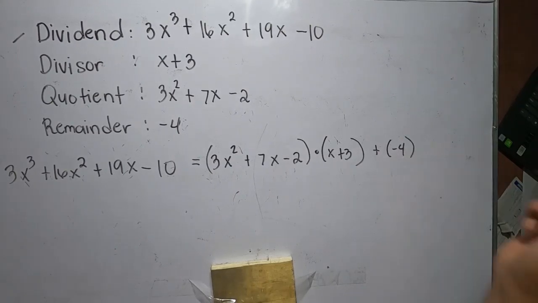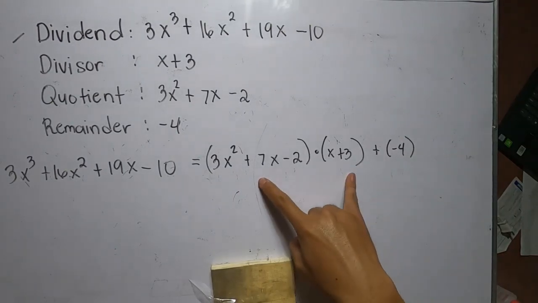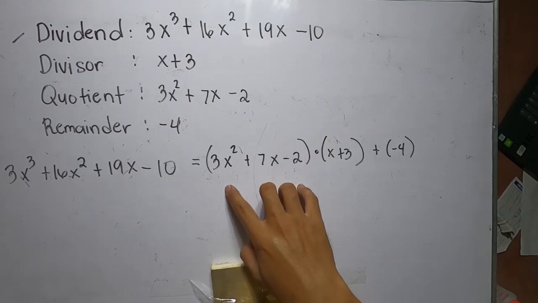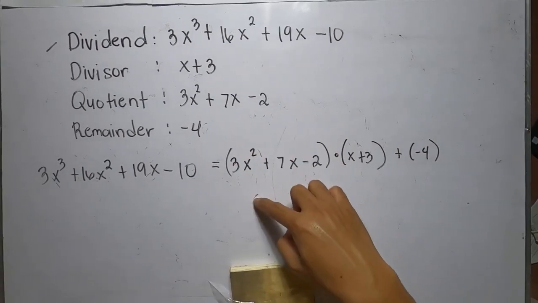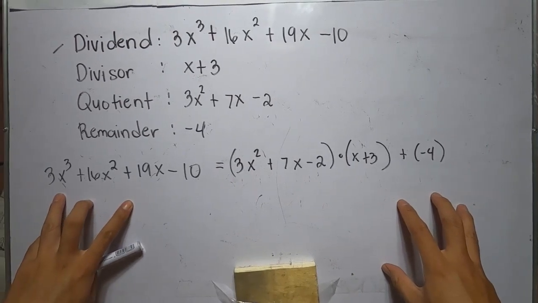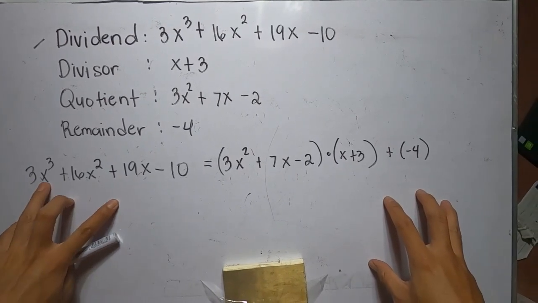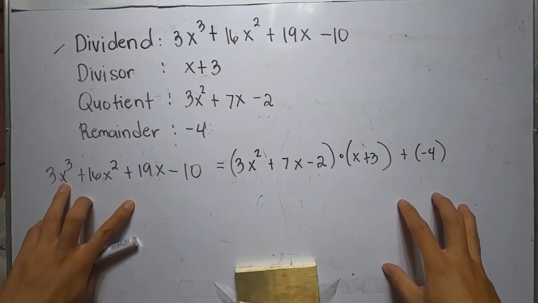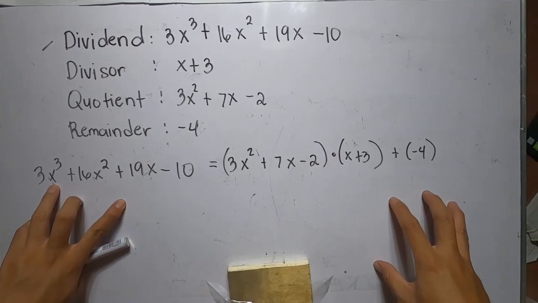That means when you evaluate the right side of this equation, the polynomial must be equal to the original, or to the dividend. That's 3x cubed plus 16x squared plus 19x minus 10.